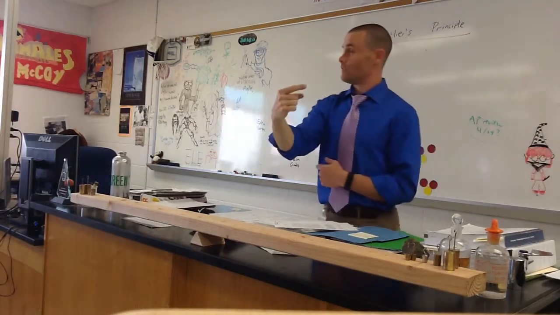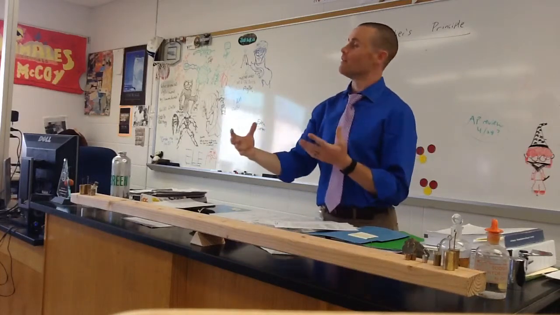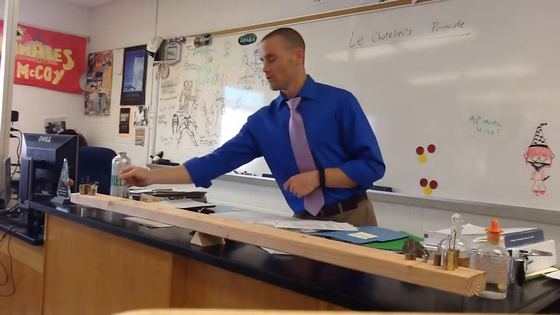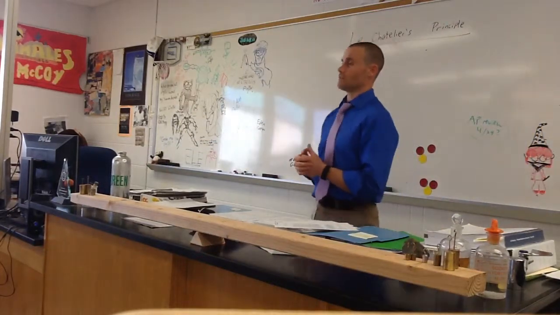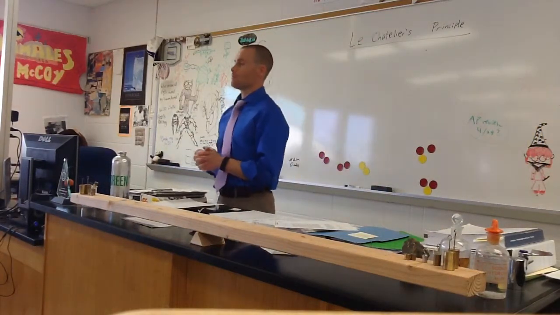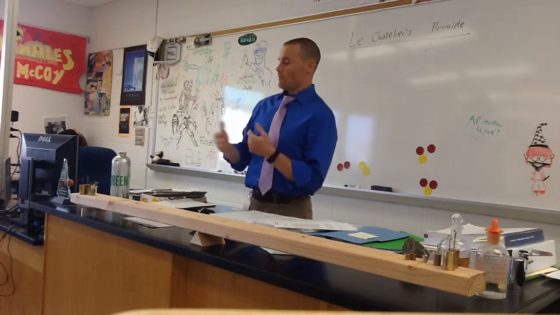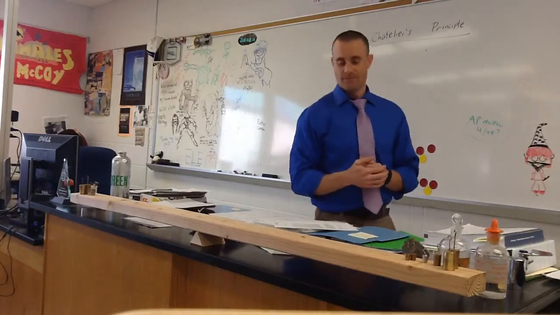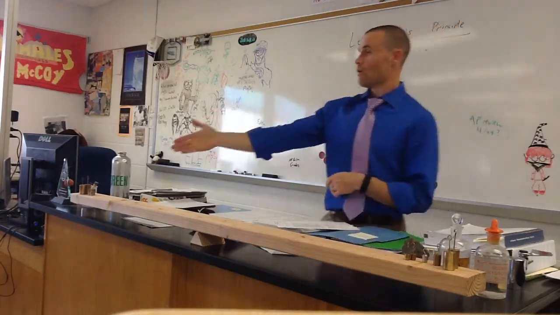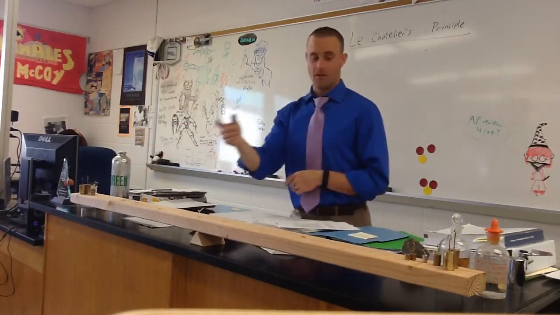Then it shifted. I did it, but in real life, the reaction would do it on its own. It took 10 grams and shifted it over here. So what happened to the concentration of the reactants? Did it go up or down? Do I have more reactants here or less than before?